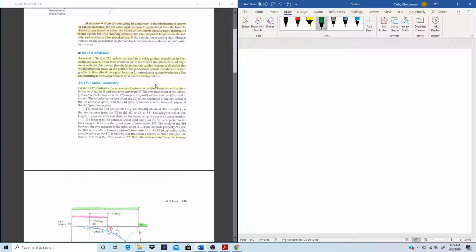Since spirals introduce the curvature gradually, they afford the logical location for introducing superelevation, and I'll explain what superelevation is. We usually do that more in topo and site, due to the centrifugal force experienced by a vehicle. So if you were looking at a racetrack and they're going around in circles, that racetrack's on a banking.